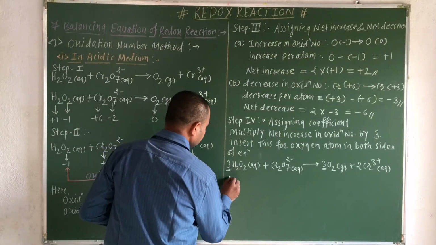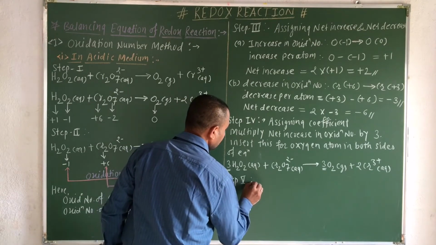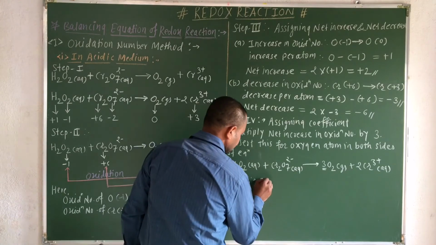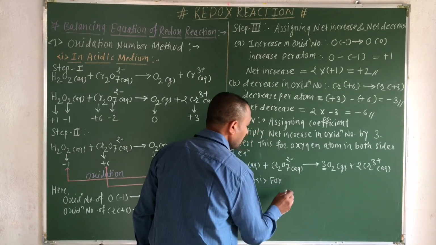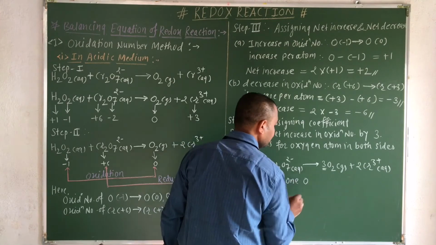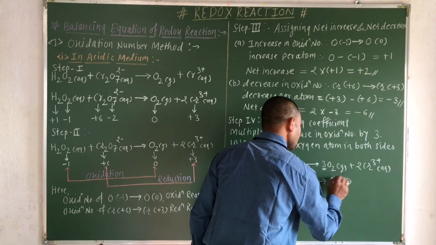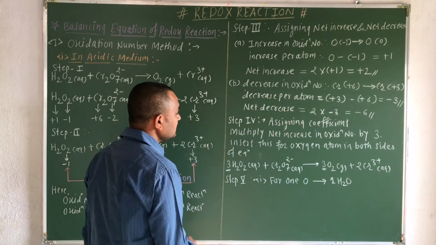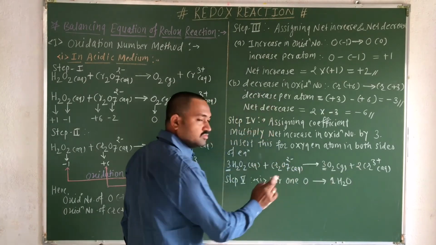Now let us consider step number 5. It is very simple. Here we have to balance the oxygen atom. For 1 oxygen atom we have to add 1 H2O, as given in our step 1. So just count the number of oxygen atoms on both sides.